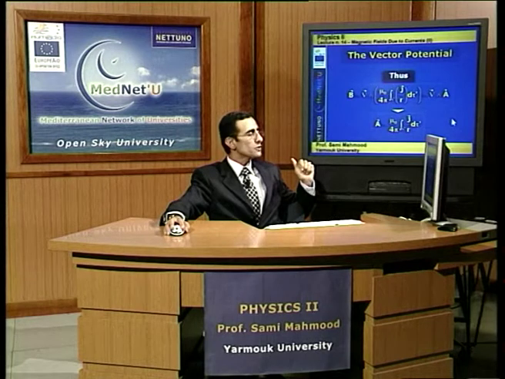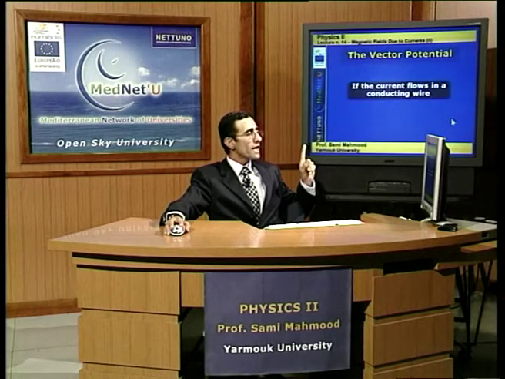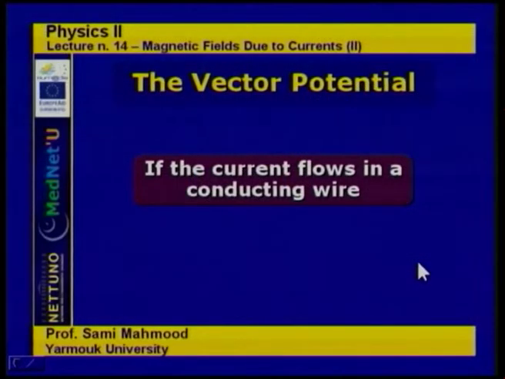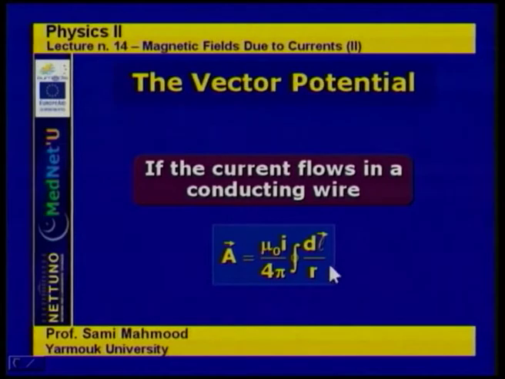But we must recall that this integral can be rewritten in a different form. Instead of current density flowing in a volume, if we consider that the current is flowing in a wire, then we can replace the integral over the volume with current I, which is simply J times the cross-sectional area, integrated over the length of the wire.